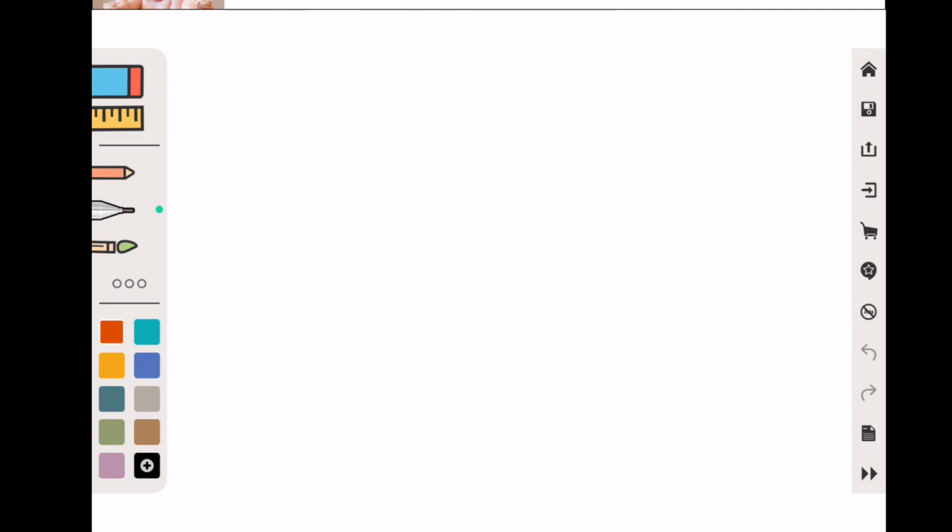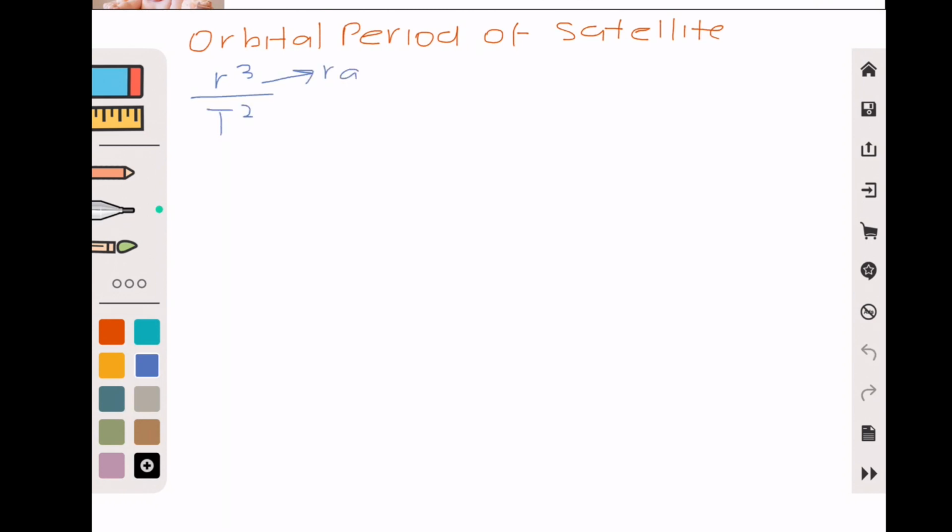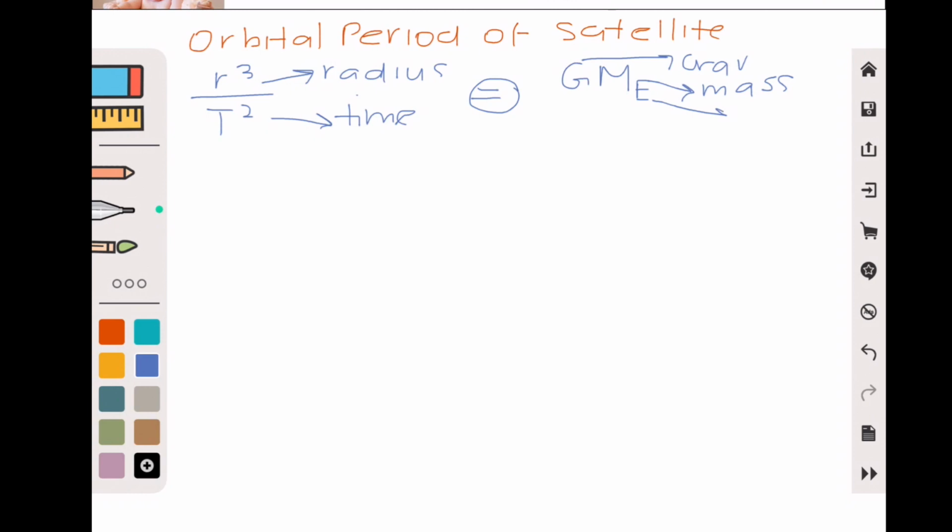Now let's focus on the specific example of a geostationary satellite. America's GOES-13 satellite is used to predict weather patterns and issue natural disaster warnings. To calculate the period of the GOES-13 satellite, we're going to be using the equation radius cubed over time or period squared is equal to gravity times mass of the Earth over 4 pi squared.